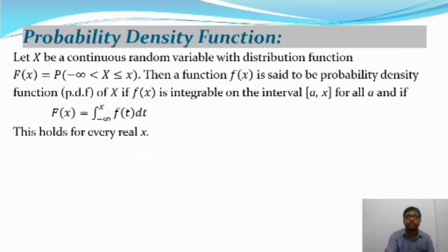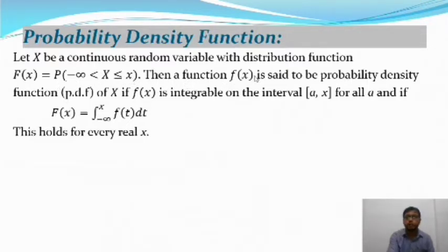This is the definition of the probability density function. Let capital X be a continuous random variable with the distribution function F(x) equal to the probability of minus infinity less than X less than or equal to small x. This is the definition of the distribution function.